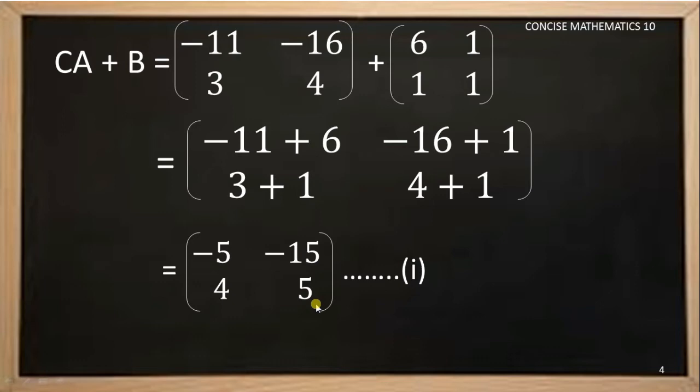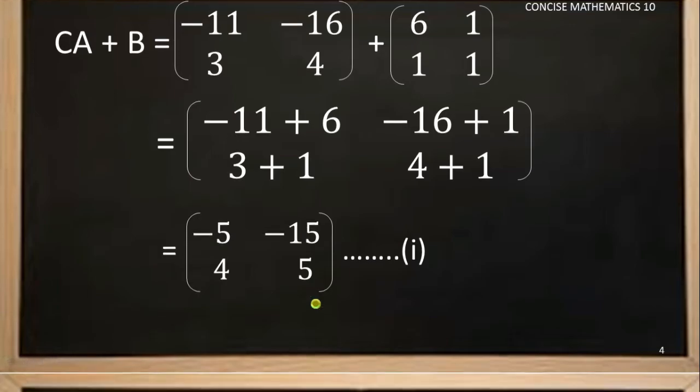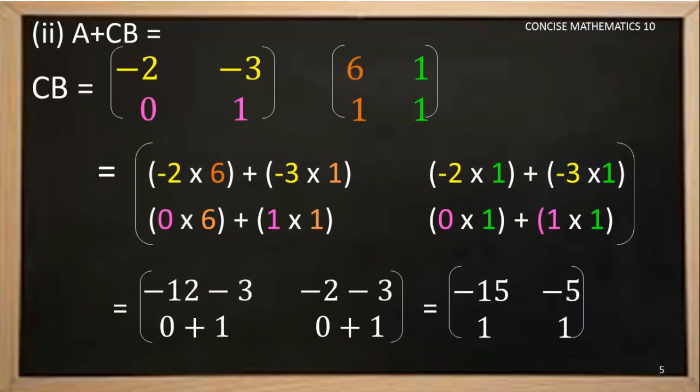Let us move on to the second sub-question, that is A plus CB. A plus CB means matrix A should be added with the corresponding elements of the product of C and B. So hence it is necessary to calculate the product first. Let us consider matrix C and matrix B. Both the matrices are square matrices of order 2 by 2.